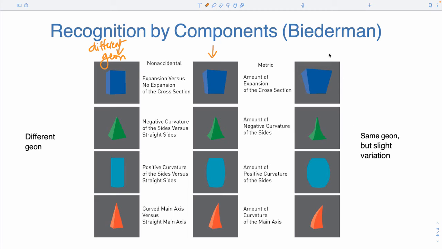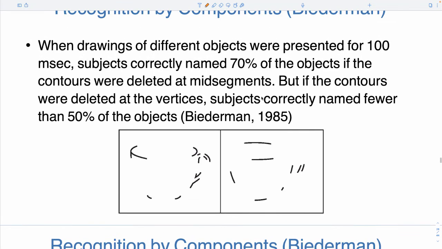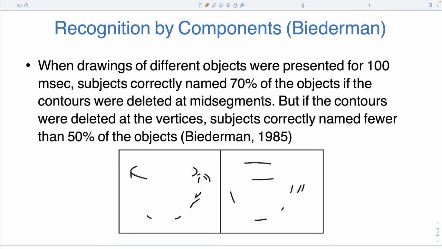Whereas here it's the same geon, but with a slight variation. And it turns out that when it's a totally different geon, people can distinguish between them really easily. When it's the same geon, just with a slight variation, then it's a little bit harder for people to distinguish them. That supports the idea that geons are very helpful in recognizing objects.